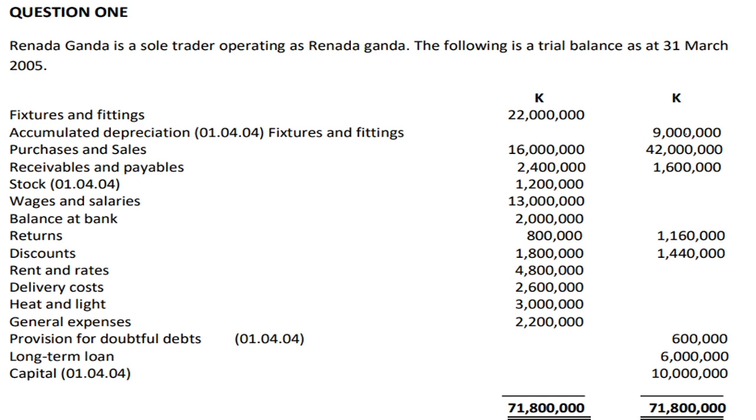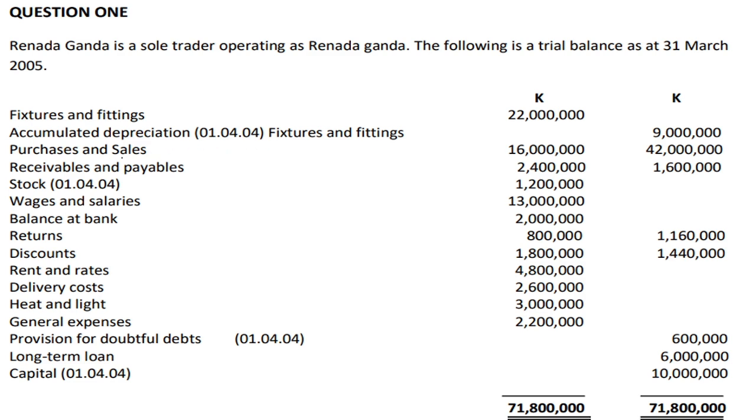So for us to know the value of this asset as of the period we are preparing the statements, we need to subtract the 22 million minus the 9 million to get the value of this asset. That is 1st April 2004.